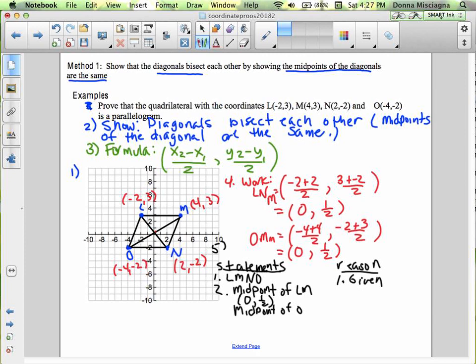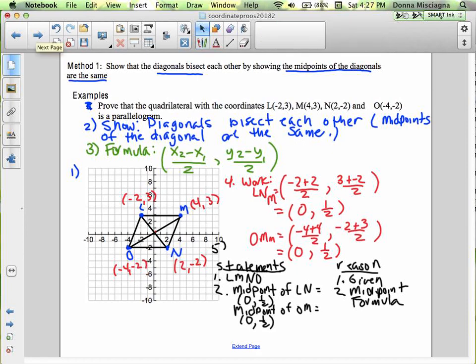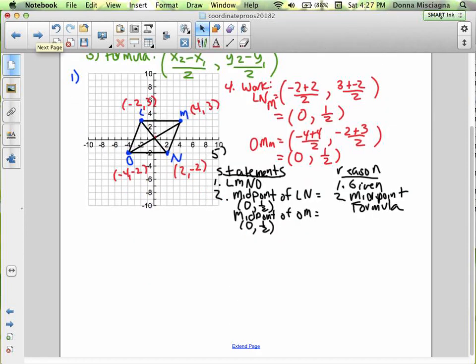Oh, that's an N. That's a terrible looking N, by the way. This is LN, and this is OM. And that was also 0, 1/2. How did we find that midpoint? We used the midpoint formula. You don't have to be all fancy and say a lot of stuff. You don't have to say, I used the midpoint formula. Just say midpoint formula. That's where those values came from.